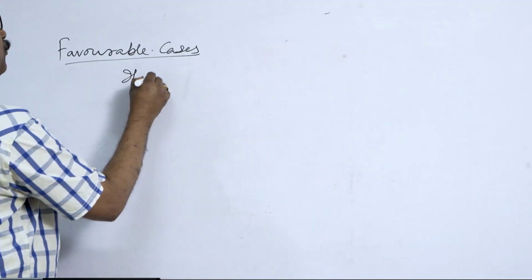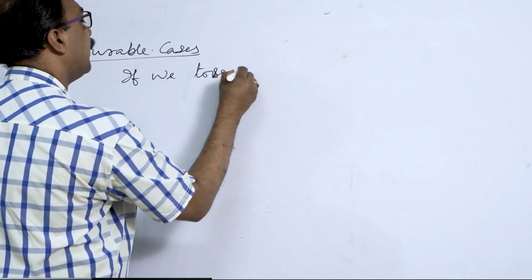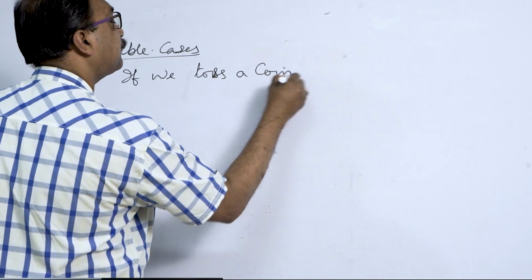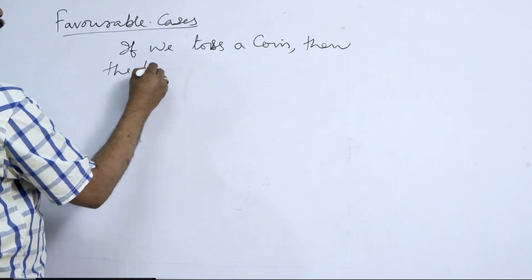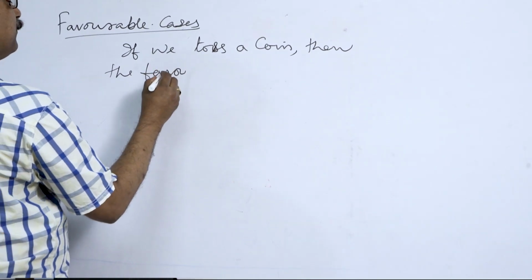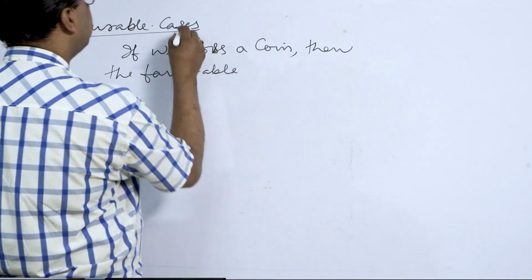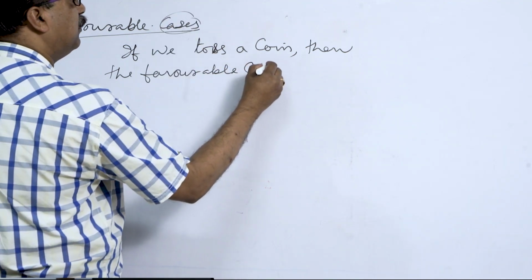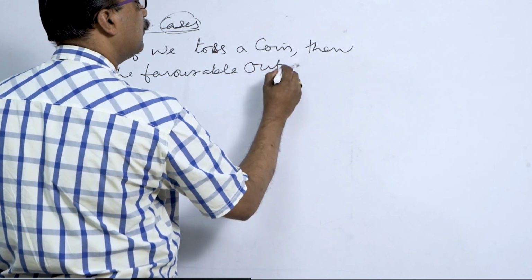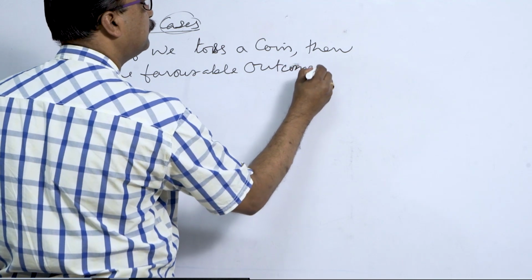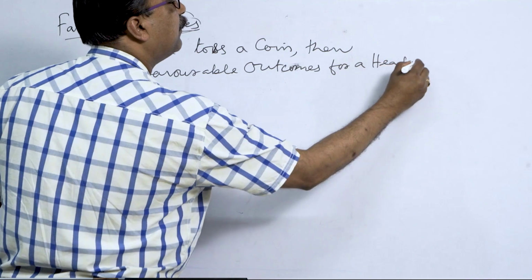Look here. If we toss a coin, then the favorable cases, we can say outcomes also, for a head is 1.